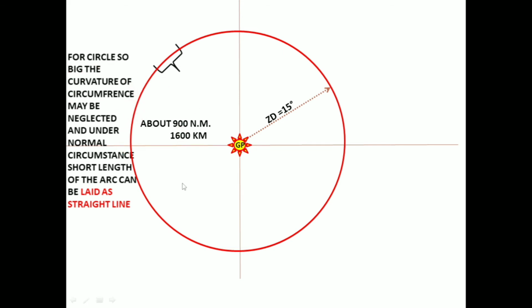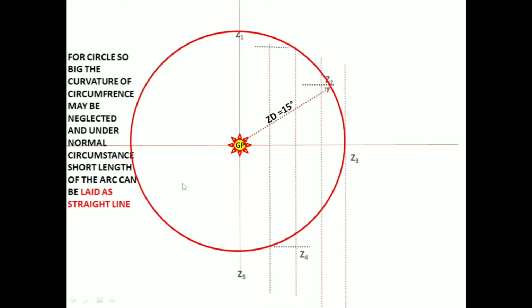It can be taken as a straight line. So these are different observers at different places, and all of them have the same zenith distance because they are lying on the circle of equal altitude.